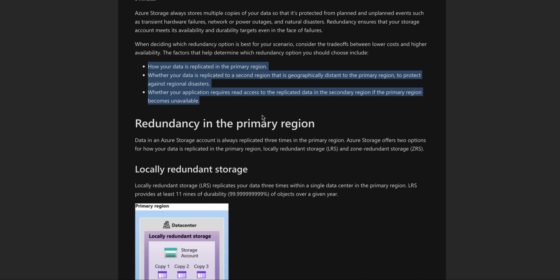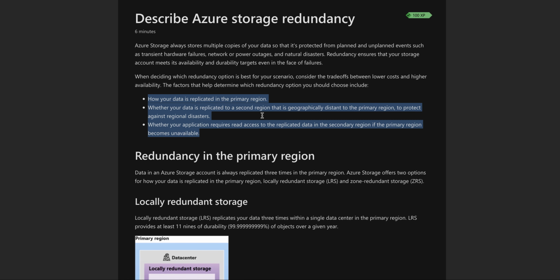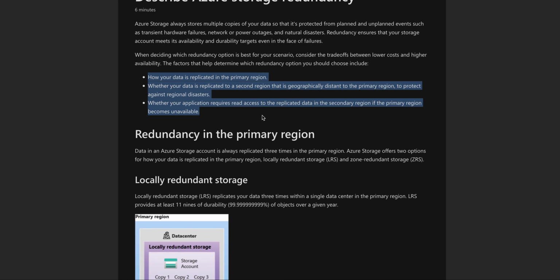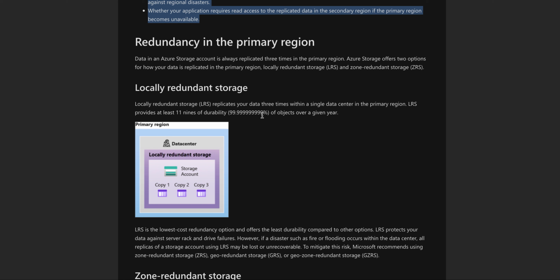So now we're talking about redundancy in the primary region. Okay, just scanning through the section here.